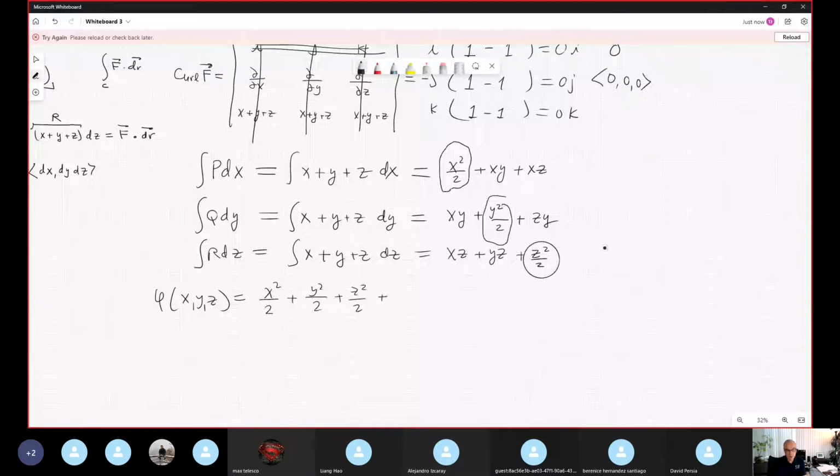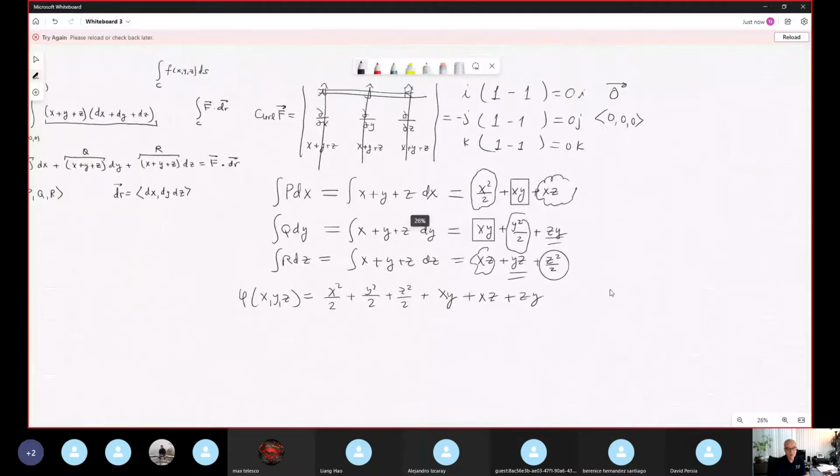And now we copy the non-quadratic, linear terms. We have xy, repeated here, take it one time; xz, repeated here, take it one time; and yz. Boom. And this is my potential function.